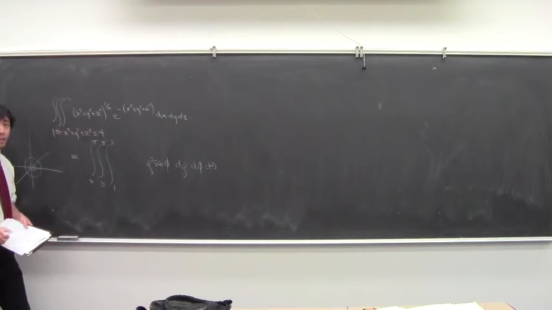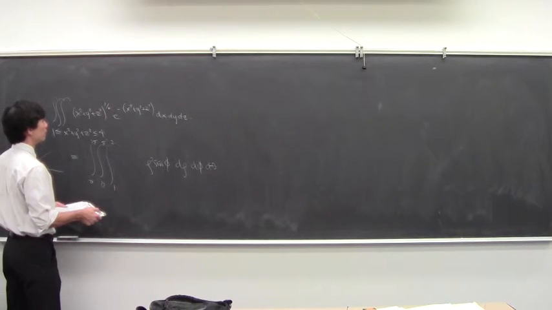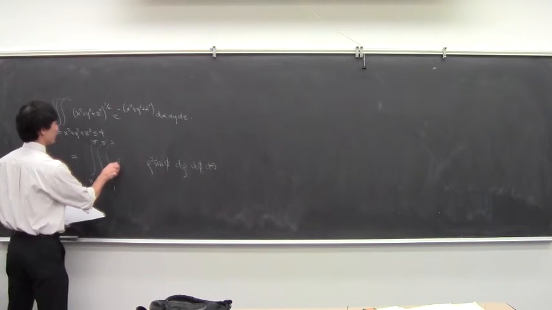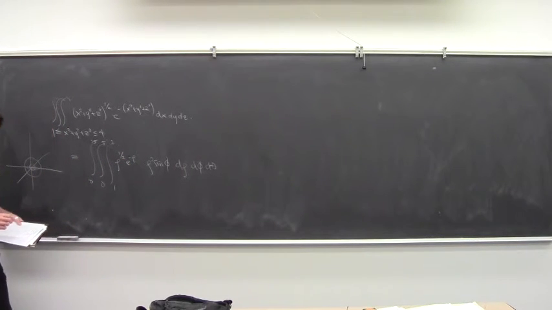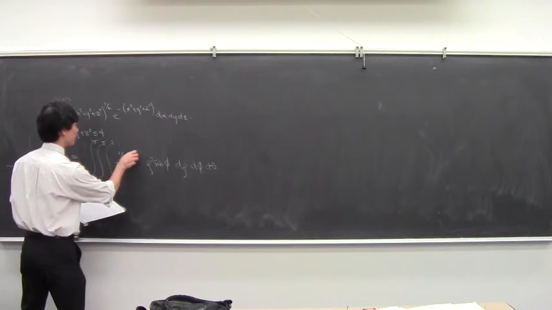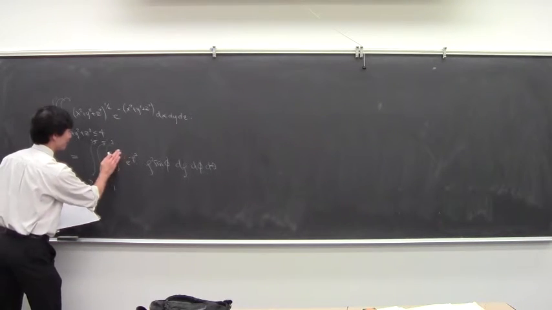Since x squared plus y squared plus z squared is just rho squared. Right, so that's it.